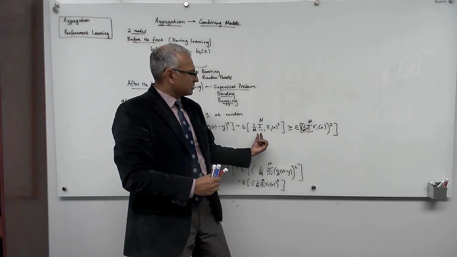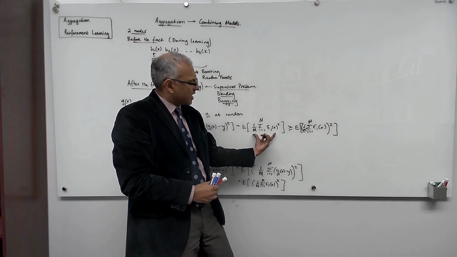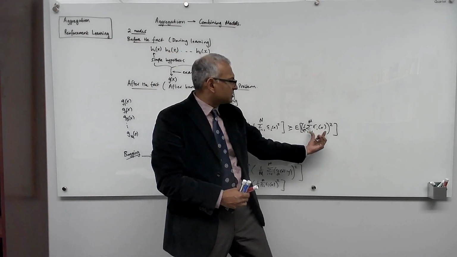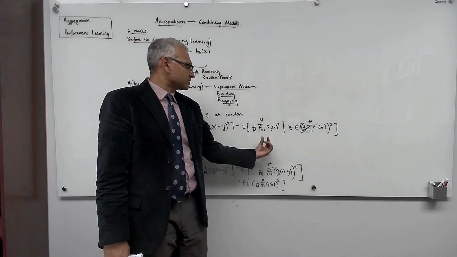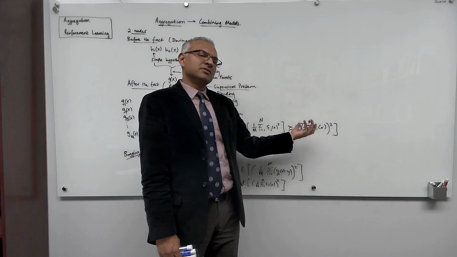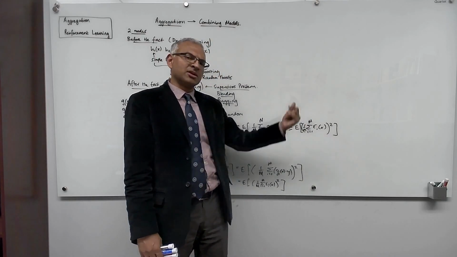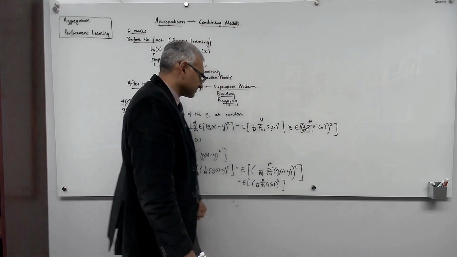Because look, this one is the average of squares, and this is the average squared. That's a fundamental property, true for any function that satisfies some kind of convexity property.